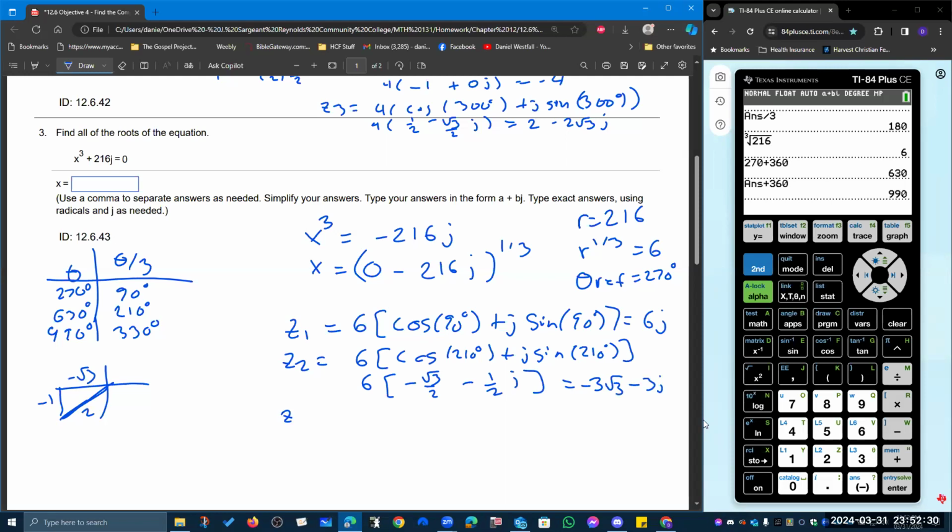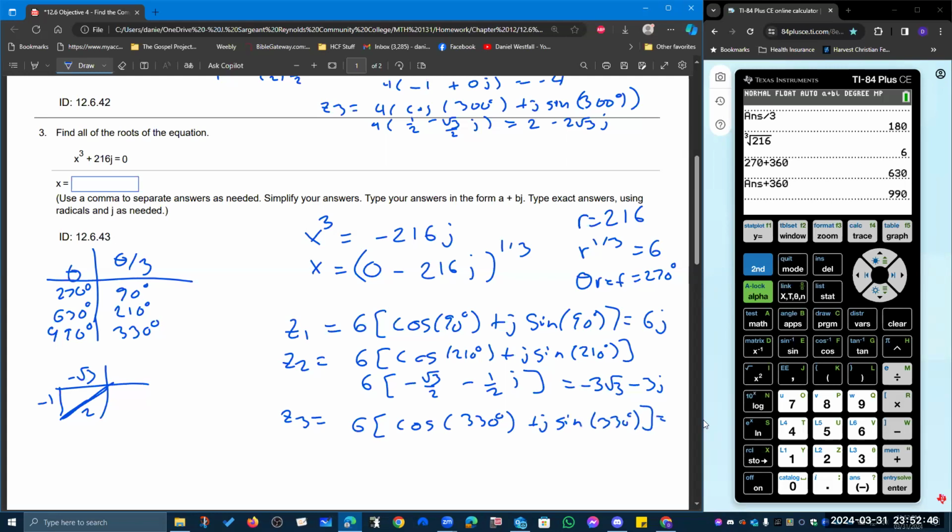And z3 is going to be 6 times cosine of 330 degrees plus j sine of 330 degrees.